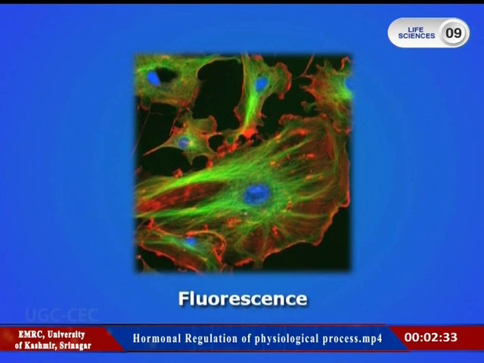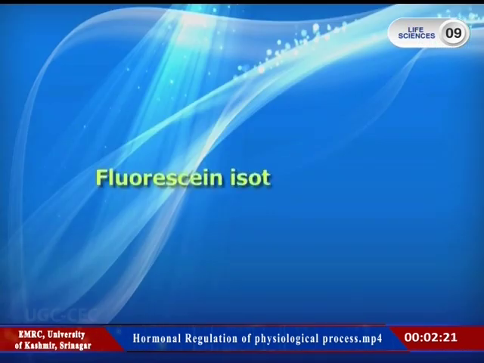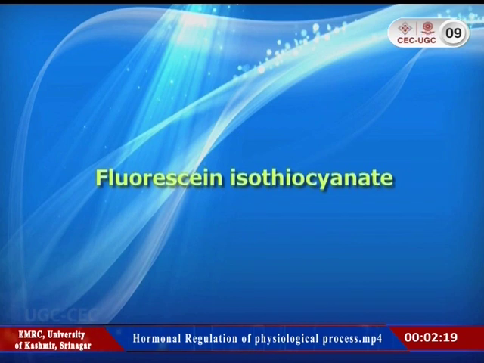Phycoerythrin PE emits an orange color at 570 nanometer wavelength. The fluorochromes commonly used in immunofluorescence are fluorescein isothiocyanate, that is FITC, and tetramethyl rhodamine isothiocyanate, that is red.